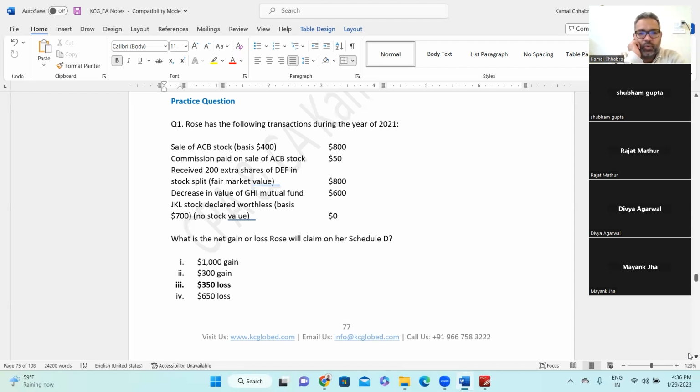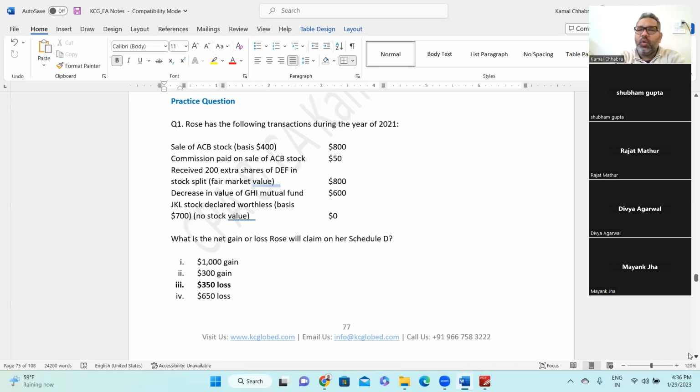Second is receiving 200 extra shares of DEF in a stock split. So what is a stock split? I think we will not consider stock split. That's a topic we're discussing today, but I'll give you a high level overview. A stock split means you have, let's say, one stock of $100. Now the company is going into a stock split, and they say instead of one share at $100, you can take 10 shares at $10 each.